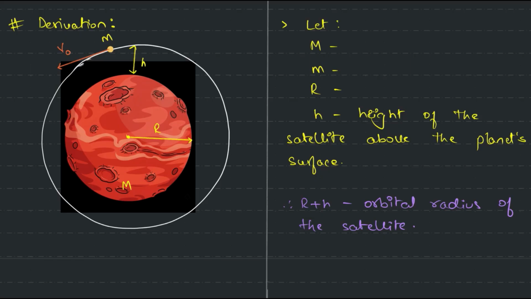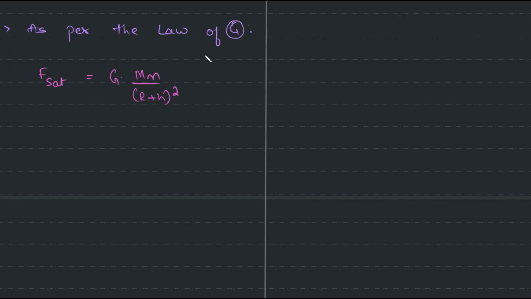Now, the very first thing is what we know as per the law of gravity: the force with which the satellite in this case is pulled on is this. Why is this important? This will be the centripetal force that will keep it going round and round.